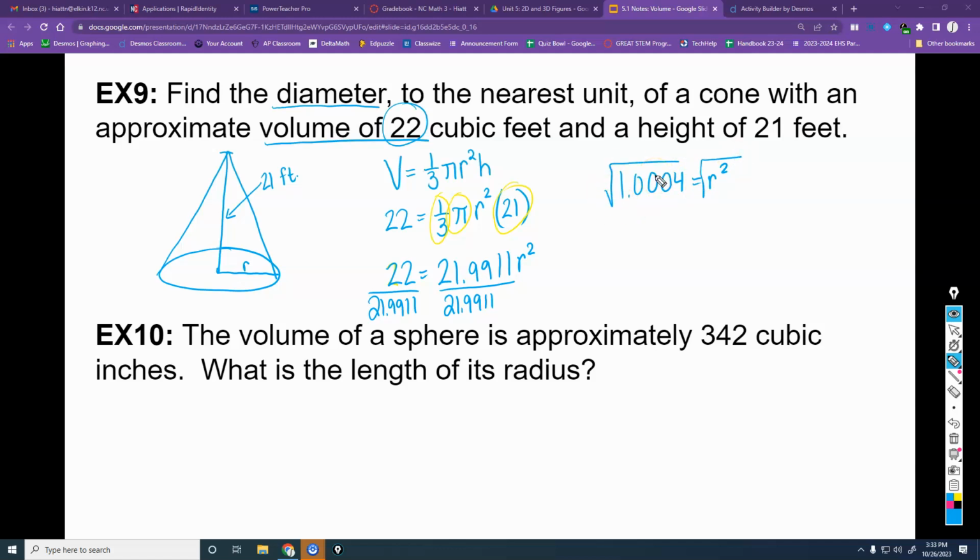If we take the square root of that number, we are going to get 1.0002 for our radius. The question did not ask us about radius. It asked about diameter. So to get the diameter, we need to double this, so we'll get 2.0004, and that is in feet there.